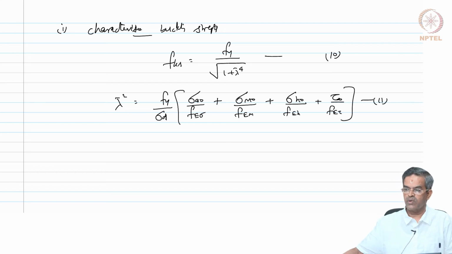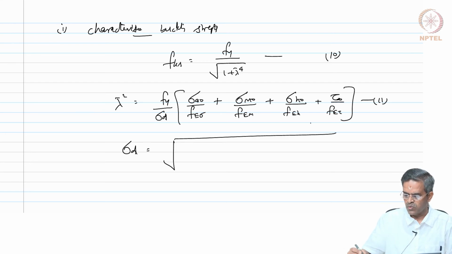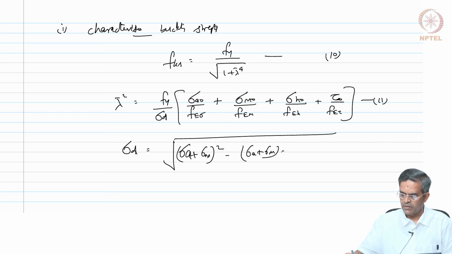We also know sigma d is given by square root of sigma A plus sigma m the whole square minus sigma A plus sigma m into sigma h plus sigma h square plus 3 tau square, equation number 12.